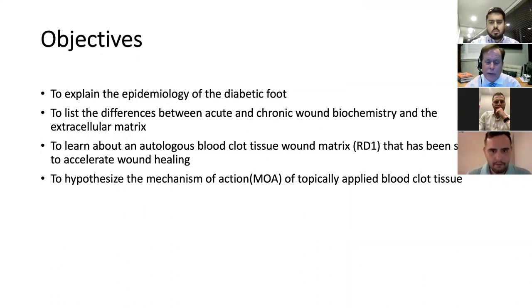We're going to list the differences between acute and chronic wound biochemistry and talk a bit about the extracellular matrix. We're going to learn about autologous blood clot therapy and how it's been used to accelerate wound healing. And we're going to do this basically by hypothesizing the mechanism of action of how this topically applied blood clot therapy actually works. Lastly, we'll review some cases.